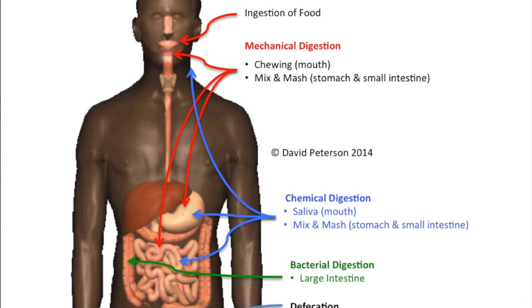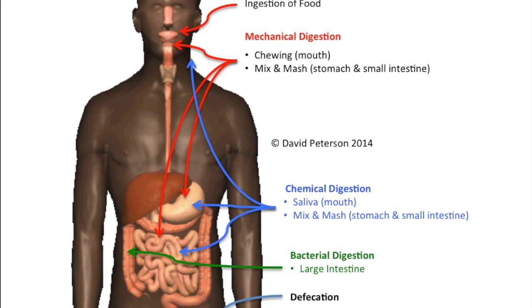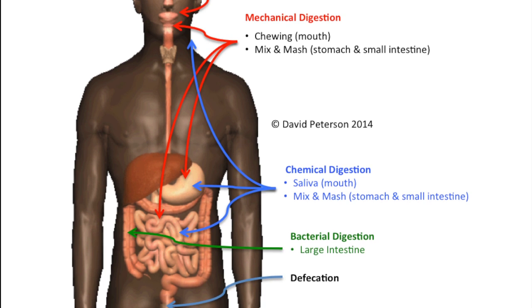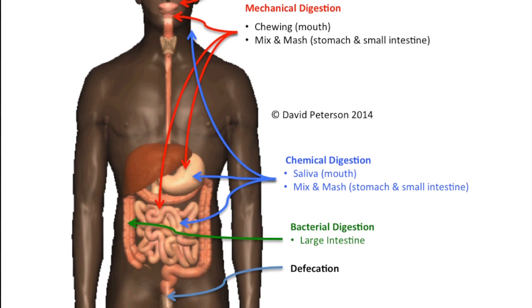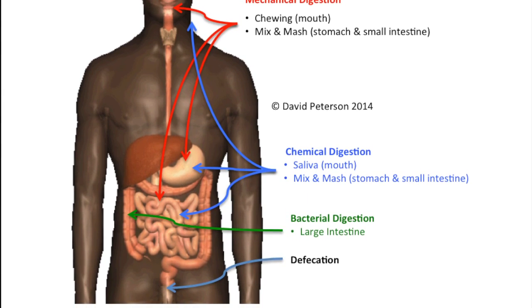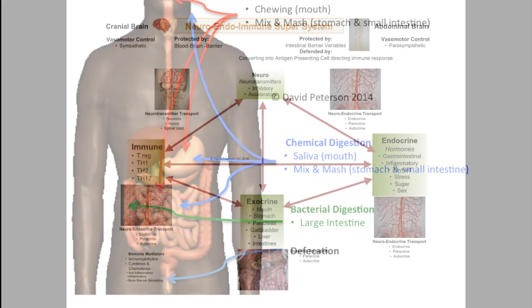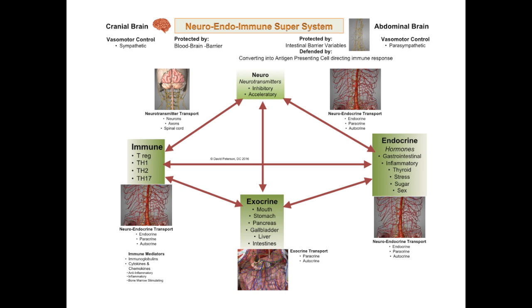Altered digestive chemistry leads to malabsorption, maldigestion, and dysbiosis. This combination of altered structure, digestion, and chemistry leads to depletion of the elements of the neuroendoimmune supersystem.